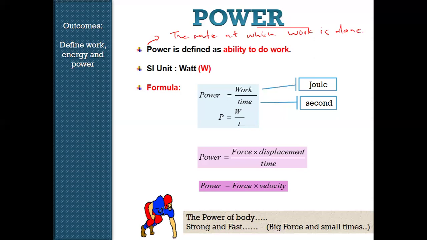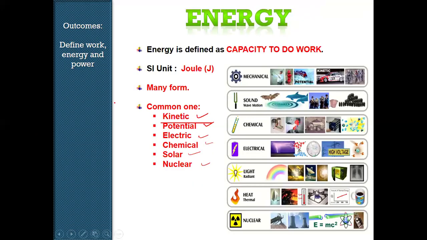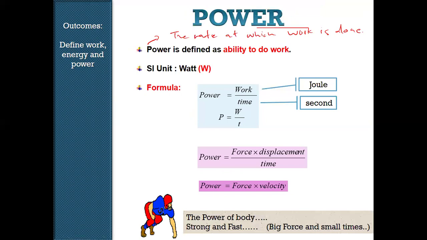Now remember, at first we spoke about a trolley. This trolley attained motion by moving from a certain point to another point. What we did is we applied work on that trolley, by applying a force over a certain displacement. Now let's talk about the power acting on the trolley.